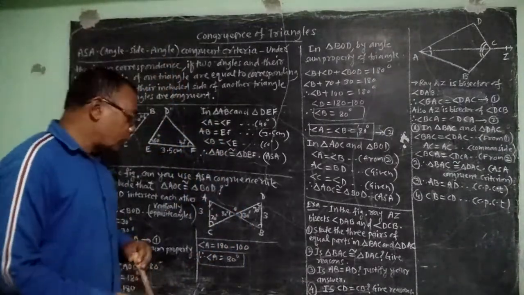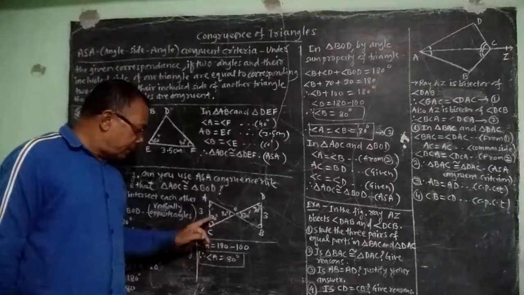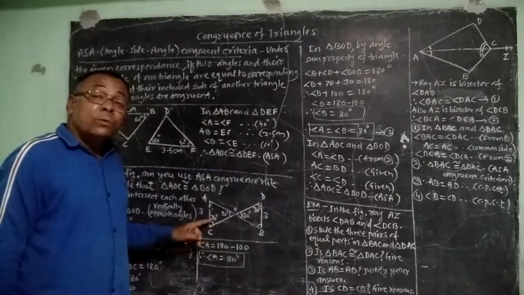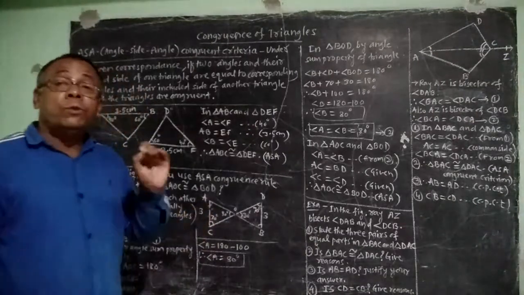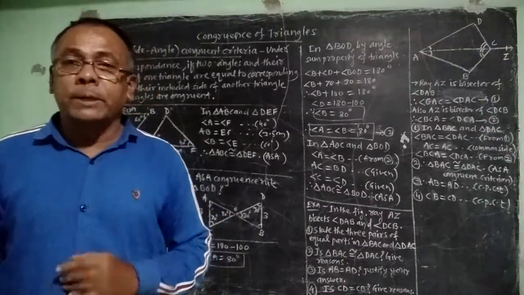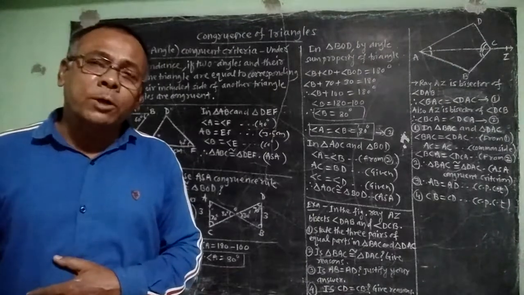Here, if we observe triangle AOB, we know the measurement of two angles. Then to find the third angle, we must apply the angle sum property of a triangle. What is the angle sum property of a triangle?